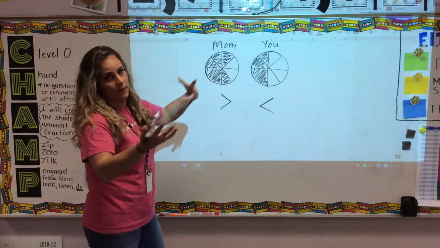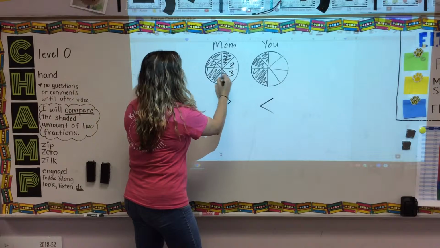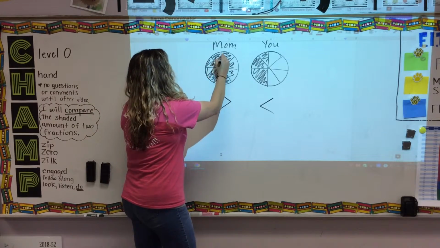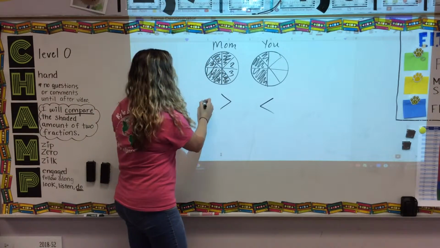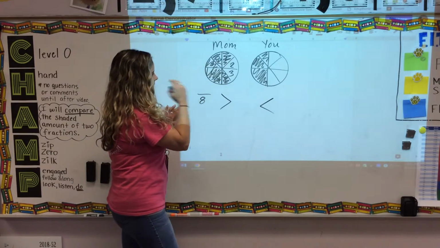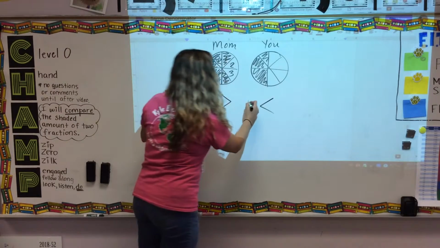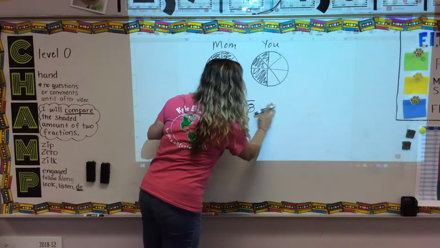So, how much did mom eat? Well, we know how to do that. We would go with our strategies, not cutting corners. So that's 8 as our denominator. And notice both our denominators are 8, okay? So that's kind of a big deal.